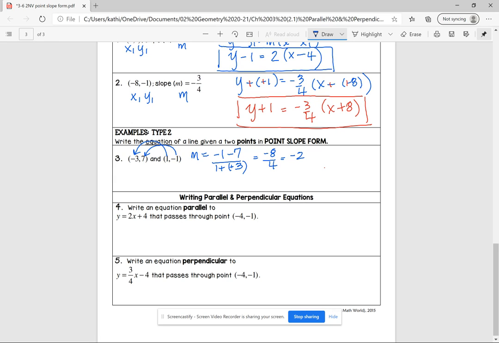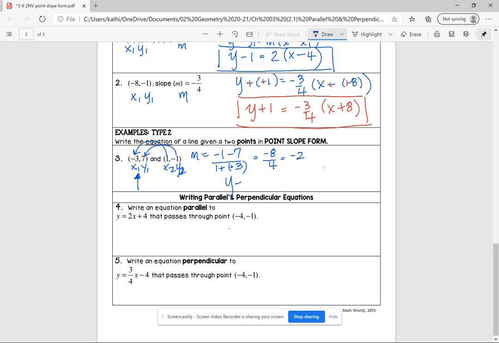So now substituting in my point slope equation, I get y minus, and I'm going to use this point, x1, y1. I can actually use either point, but I'm going to substitute into this point. If I use the second point, I'll have a different equation.